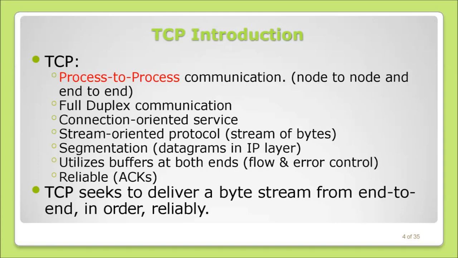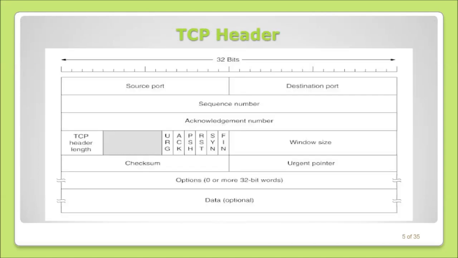In order means when one packet is transmitted, that packet will be received, after that the second packet will be transmitted, the second packet will be received and so on. So data will be received in sequence and the reliability is a must. So TCP is for reliable data transmission.